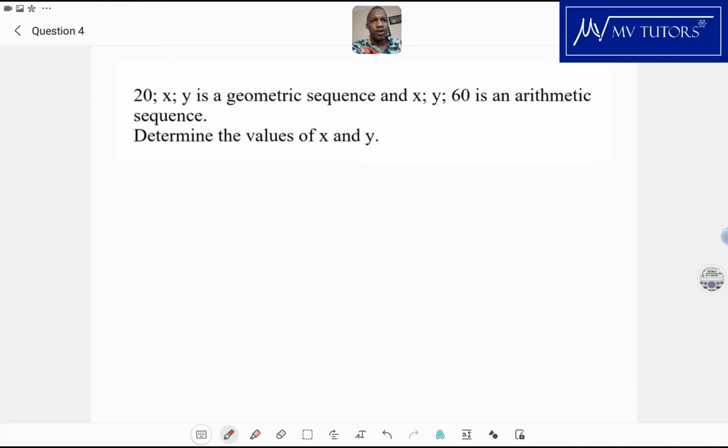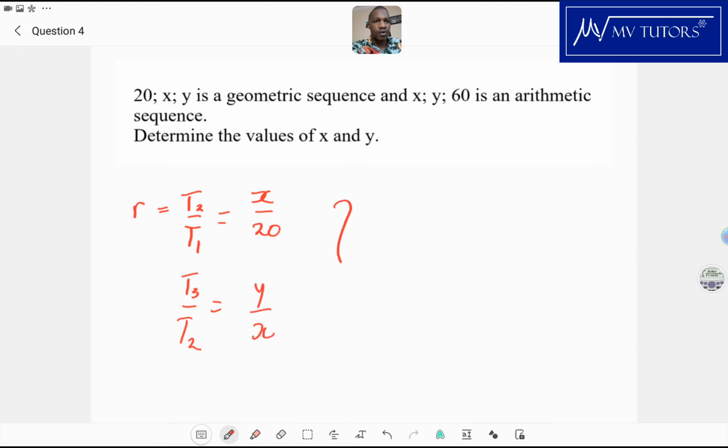So we know that for geometric we need a common ratio, which is given by term 2 divided by term 1, also given by term 3 divided by term 2. Okay, so term 2 in this case is x over term 1, which is 20, and then term 3 is y over term 2, which is x.